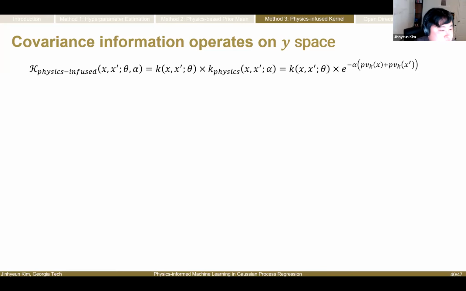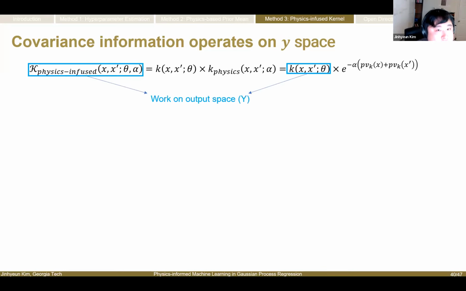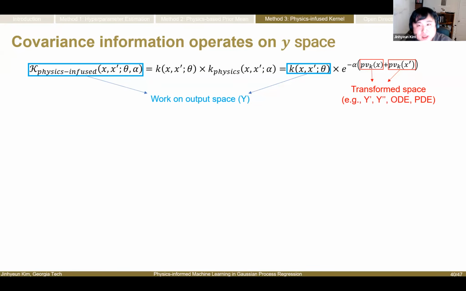It is a relationship between the outputs. So, for example, they work on output space. However, physical violation can be in the transform space. So we have two different spaces, covariance space and the transform space. We want to interactively transfer the information in each space.